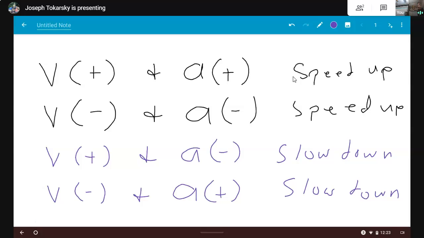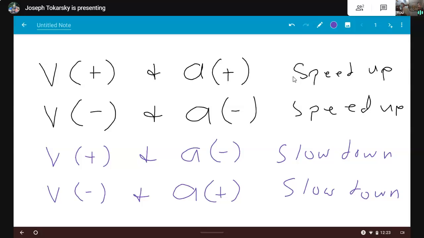However, I'm going to make another statement. What we usually do when we get real problem heavy is, if a problem doesn't tell me what direction I'm going, I'm going to make that the positive direction. Does that make sense? Use signs, not right and left.